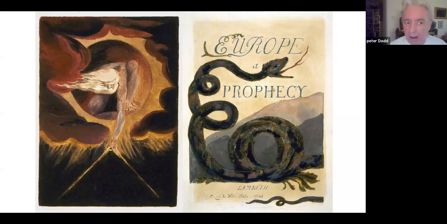But there's the serpent, which has a serpentine shape and a python movement of crushing and squashing, and the serpentine tendrils emanate from the top of the first letter E in Europe.